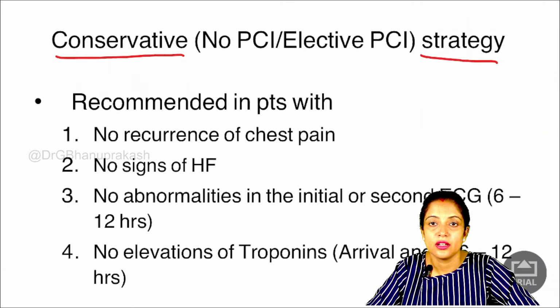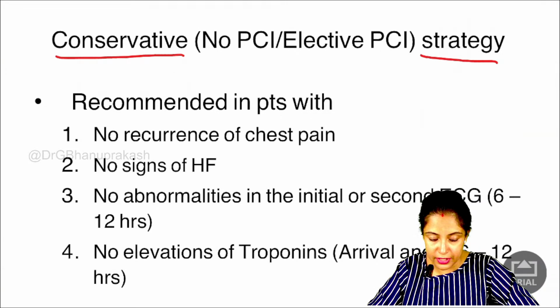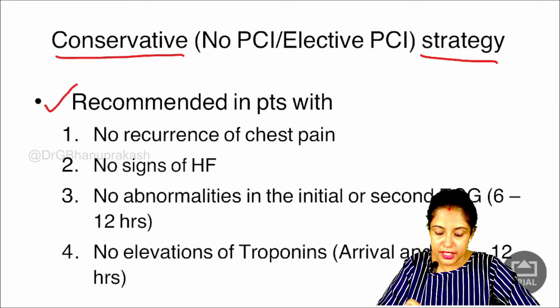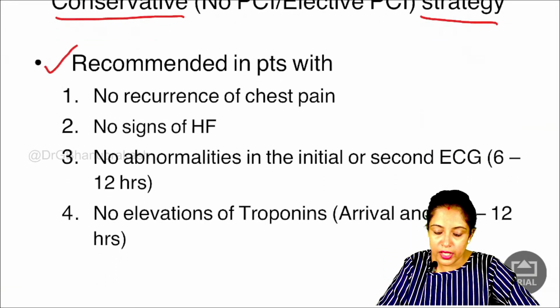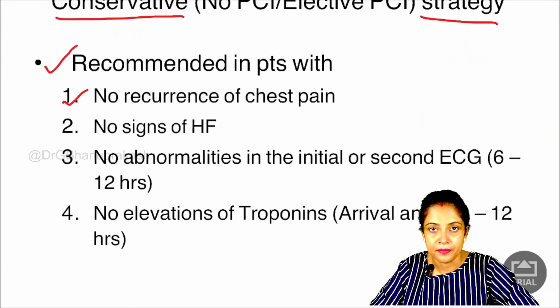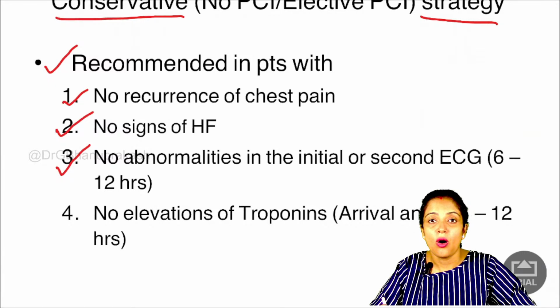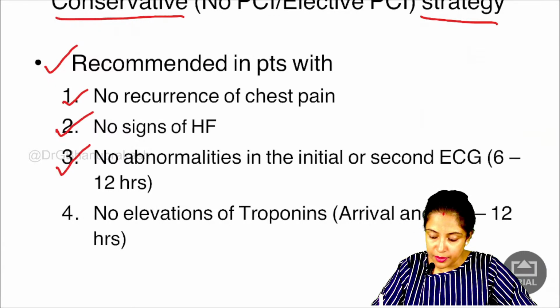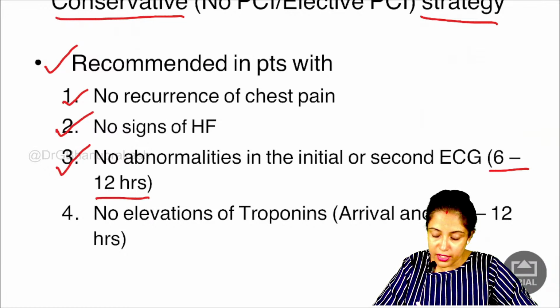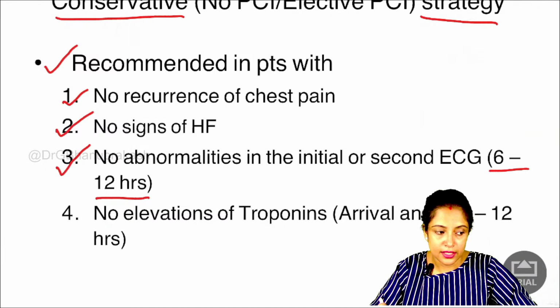Conservative strategy is recommended in patients with no recurrence of chest pain, no signs of heart failure, and no abnormalities in the initial or second ECG. That means within 6 to 12 hours, there is no abnormality in the ECG.